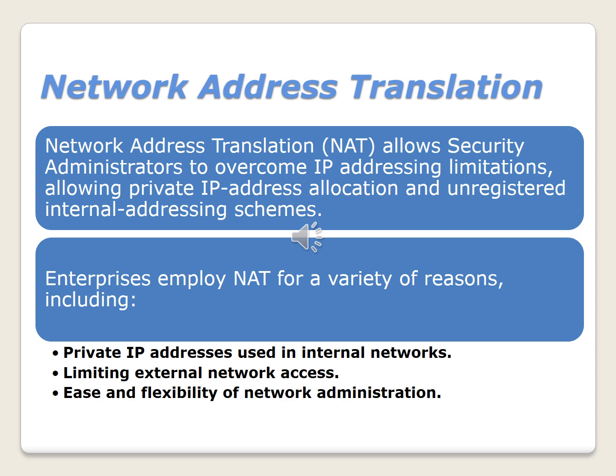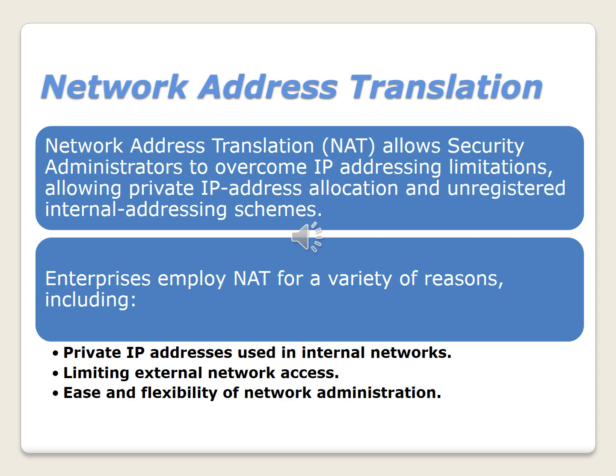Hide NAT. Hide NAT is a many-to-one relationship where multiple computers on the internal network are represented by a single unique address. This enhances security because connections can only be initiated from the protected side of the security gateway. This type of NAT is also referred to as dynamic NAT.